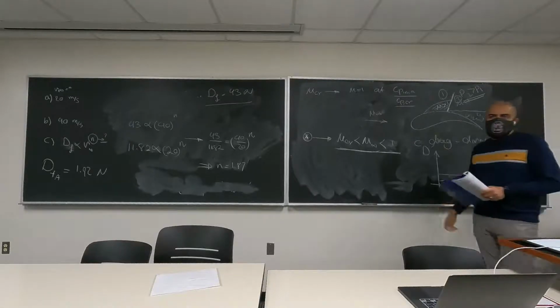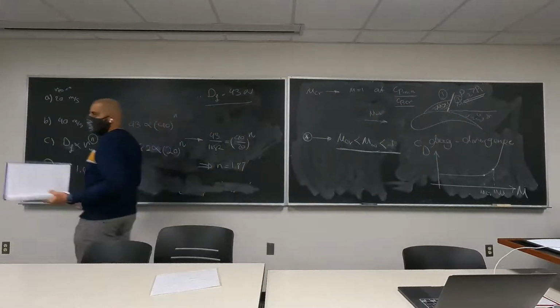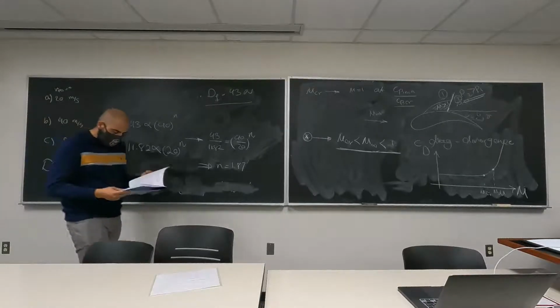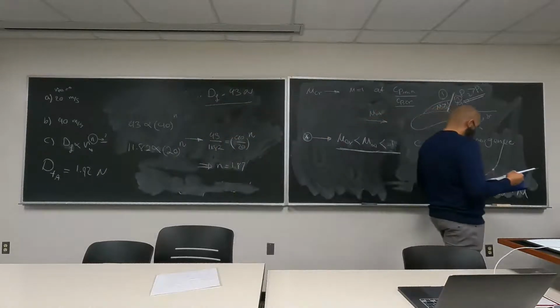So drag divergence happens because shock waves start appearing on your airfoil, on your wing, whatever that is. And we're going to have flow separation afterwards as well.